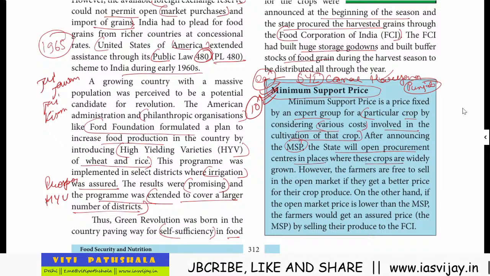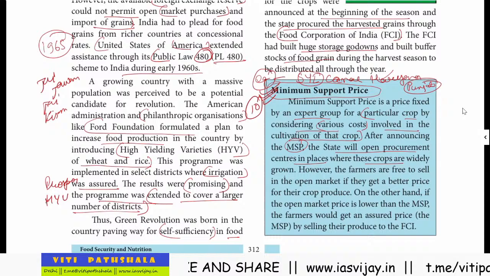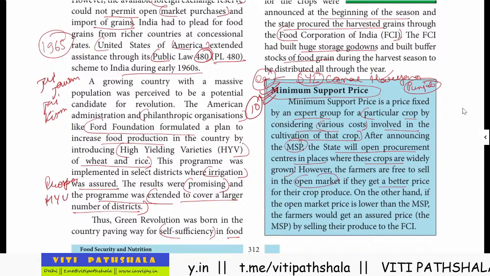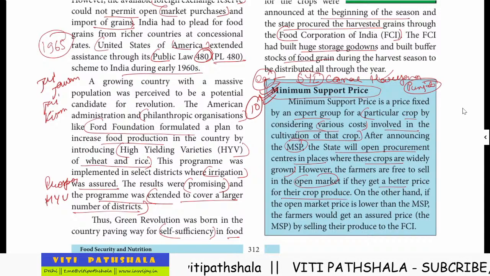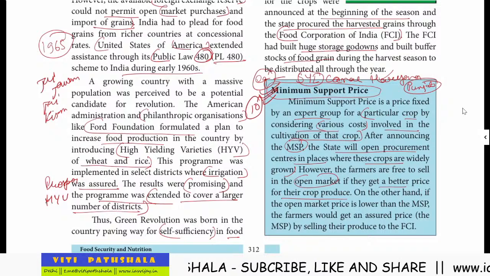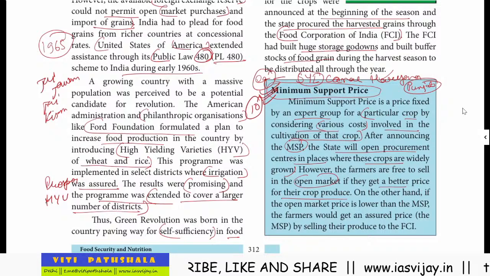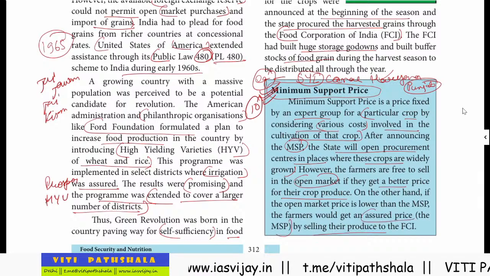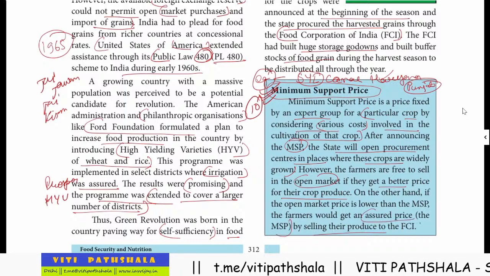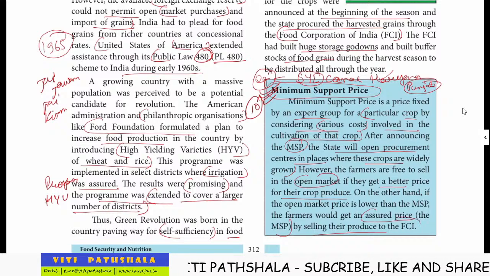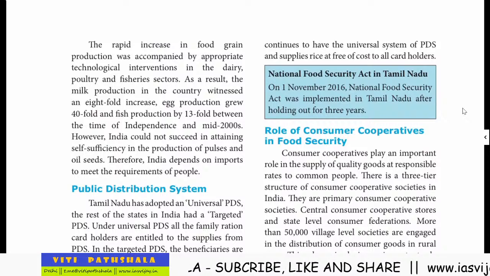However, the farmers are free to sell in the open market if they get a better price for their crop produce. On the other hand, if the open market price is lower than the MSP, the farmers would get an assured price, that is the MSP, by selling their produce to the FCI, जिनको हम हिंदी में बोलते हैं सरकारी मंडी, में बेच के उनको उनका जो है प्राइस मिल जाएगा.